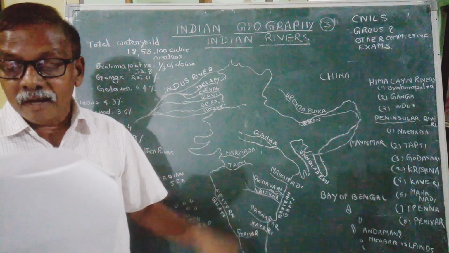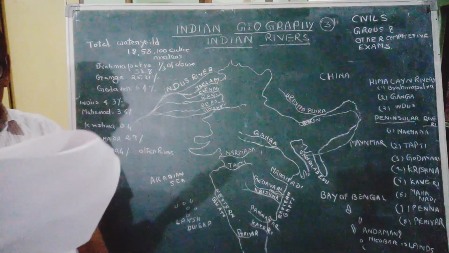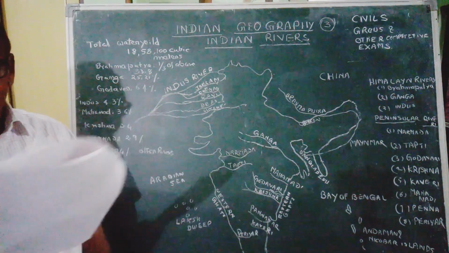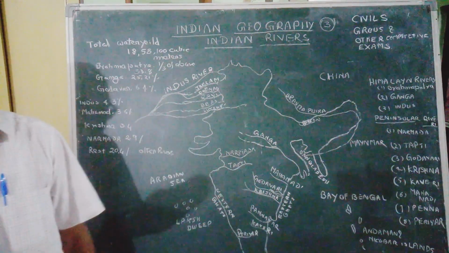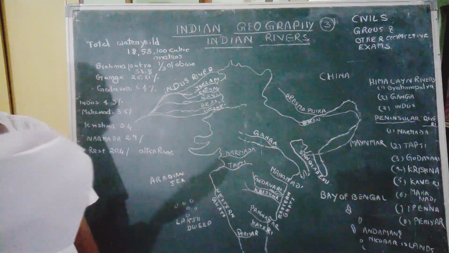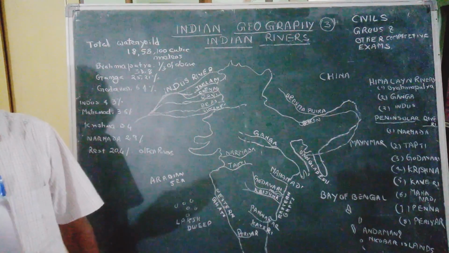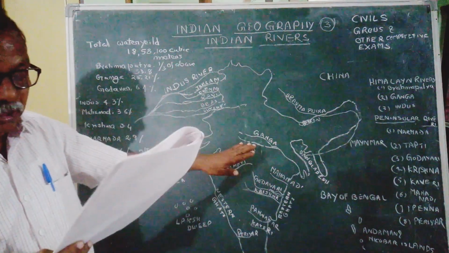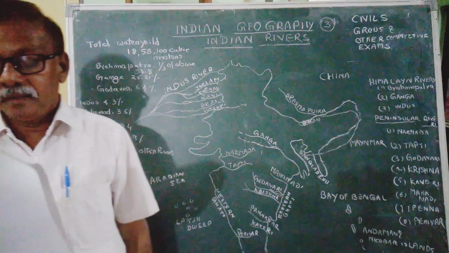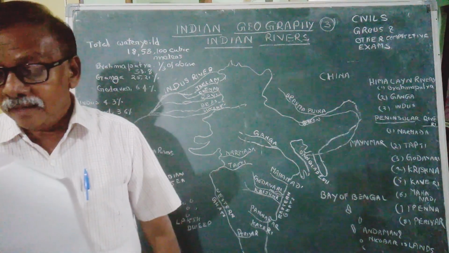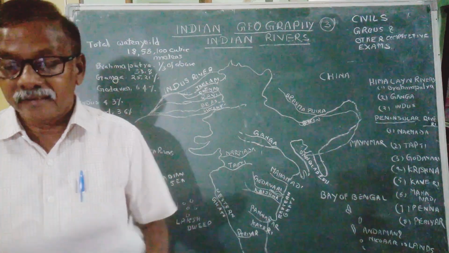The Ramganga, this tributary of Ganga, is born in the Kumaon range of Himalayas, in Garhwal district, and flows to a distance of 690 kilometers, merging with Ganga at Kalaghar.